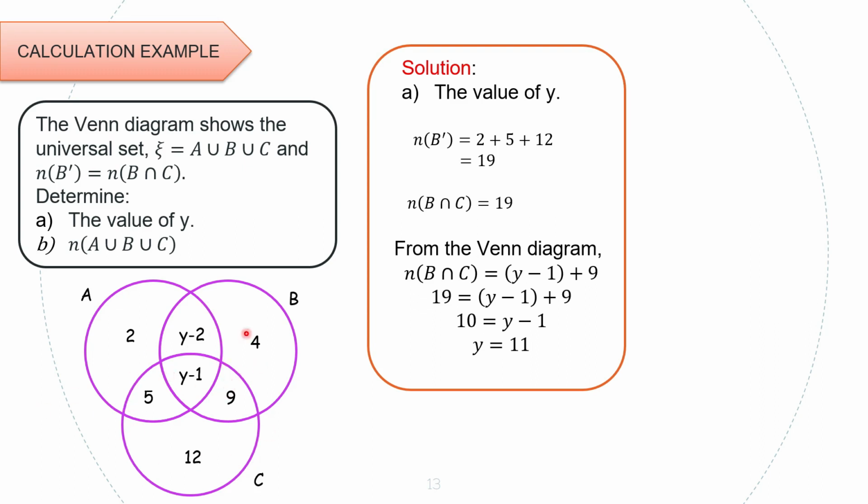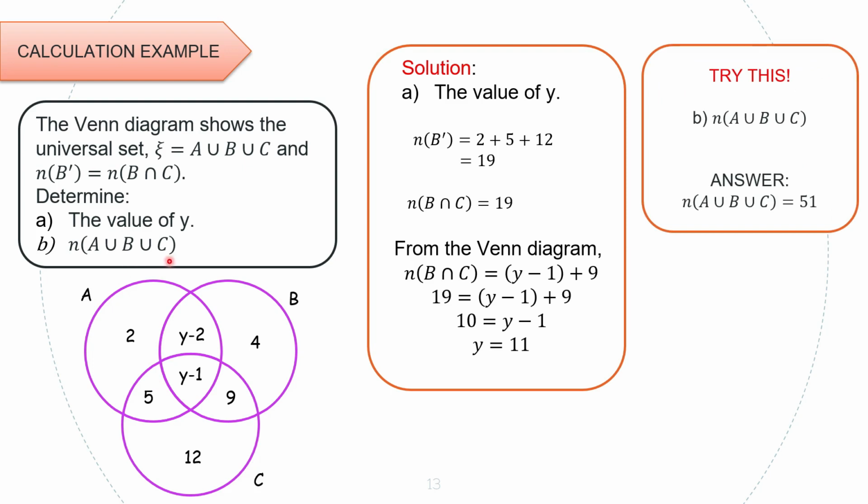So it means all the elements in this Venn diagram. I want you to try this question B. I already give you the answer: 51. You try until you get the correct answer.